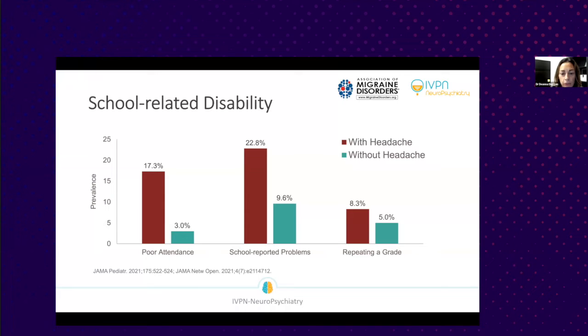And then also with school reported problems, and this is perhaps a bit vague, but consider when a child needs to ask the teacher to be excused to go to the school nurse because of the headache, or perhaps they just lay their head down.